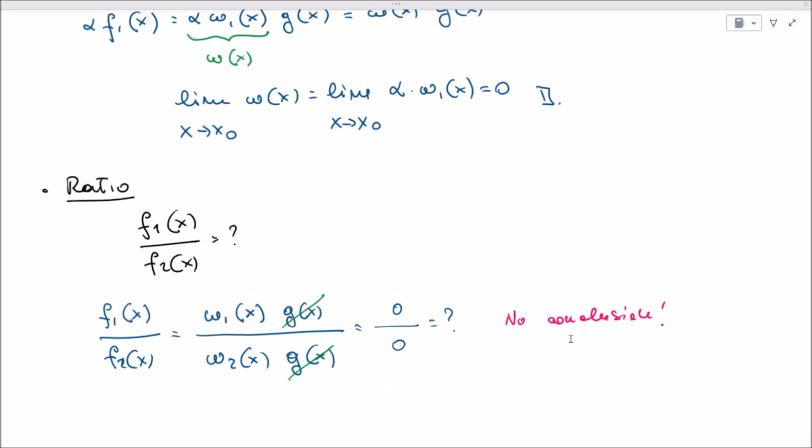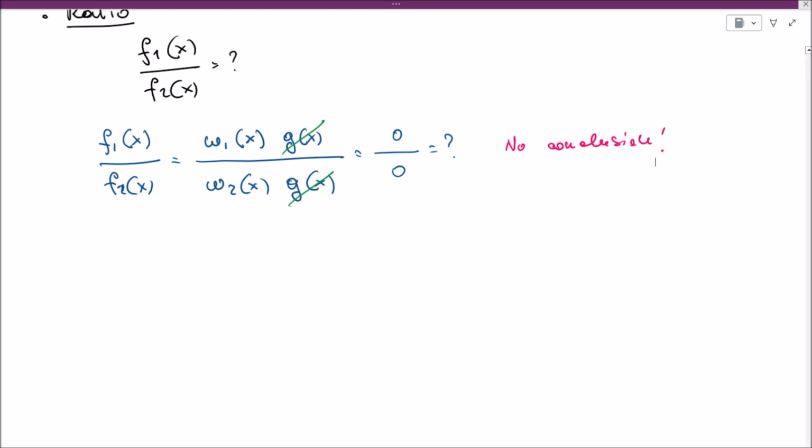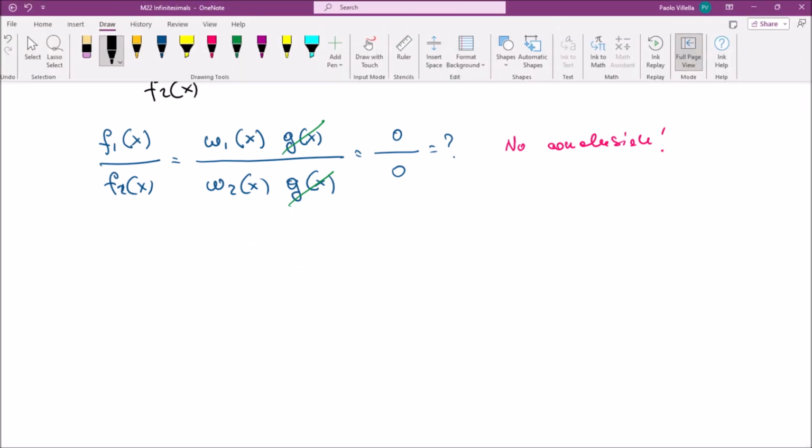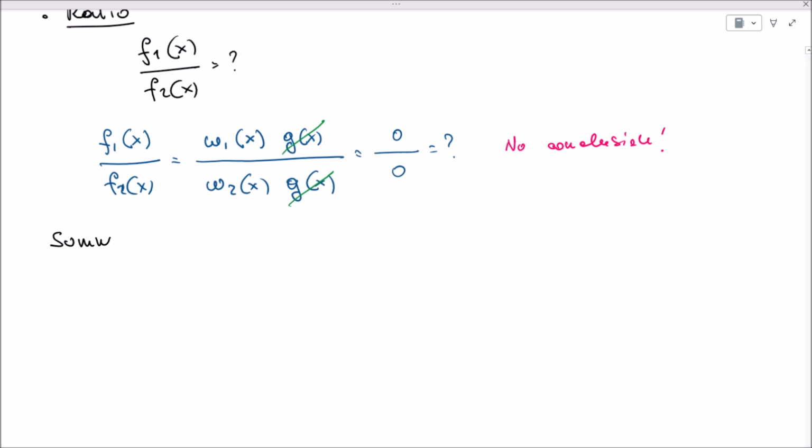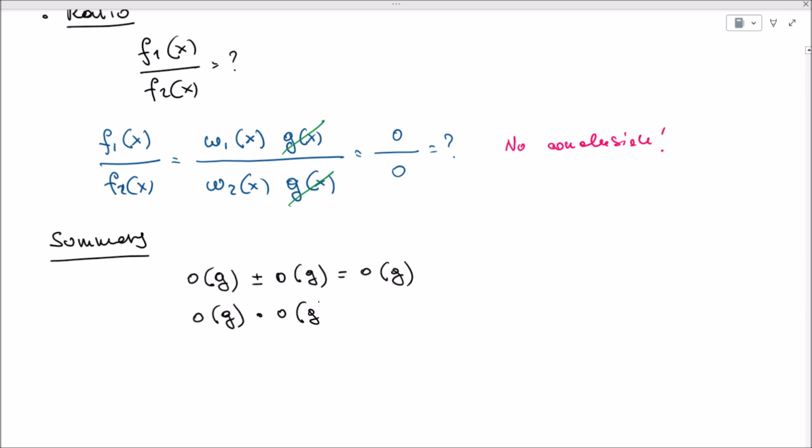We can summarize all what we have seen so far as follows. Summary. We can say that if we have a function which is little o of g, plus or minus another function which is little o of g, this will return a function which is little o of g. Then we said that if we have little o of g times another little o of g, we get little o of g squared.